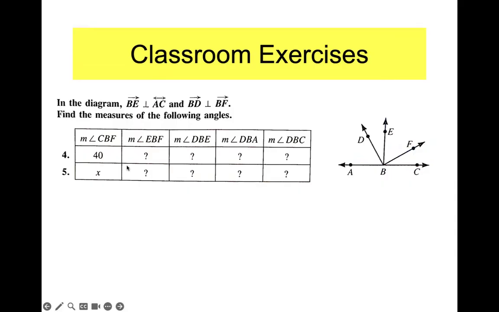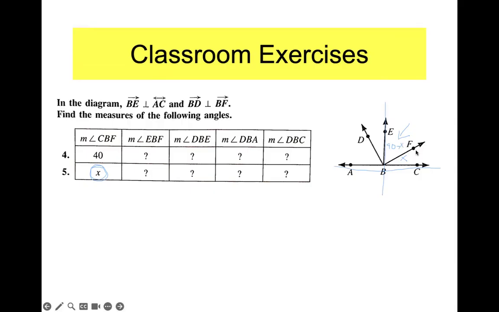And the more challenging one is the one where they give you the X. The first time you see this, you're unsure of what they want you to do. Well, they just want you to do the same thing. If this is X, we figured out that this was perpendicular to this. So to figure out this angle right here, you simply take 90 and subtract the given angle, and the given angle is X. So not a very satisfying answer.